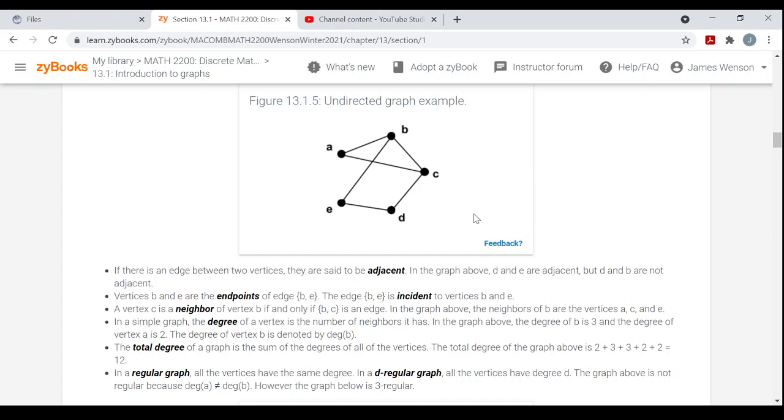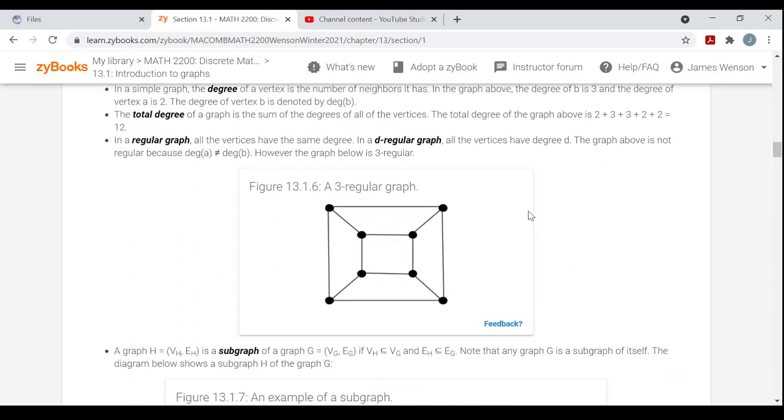If all the vertices had degree 3, it would be called a 3-regular graph, and so on. Like I said, though, this is not a regular graph, so it can't be some sort of d-regular graph, right? It's not a 2-regular graph because not all the vertices have degree 2. It's not a 3-regular graph because not all the vertices have degree 3. Right.